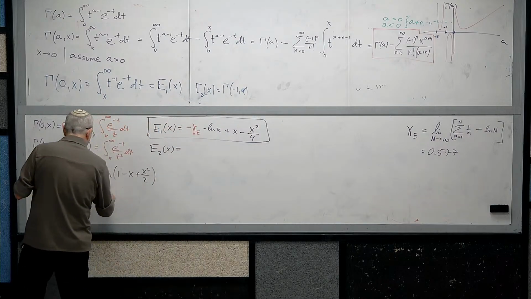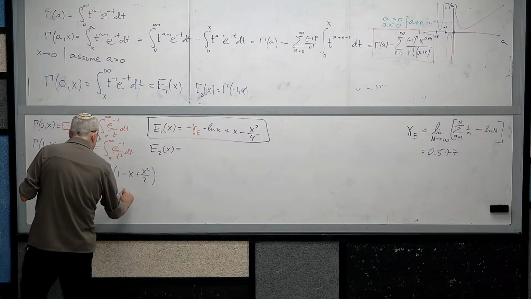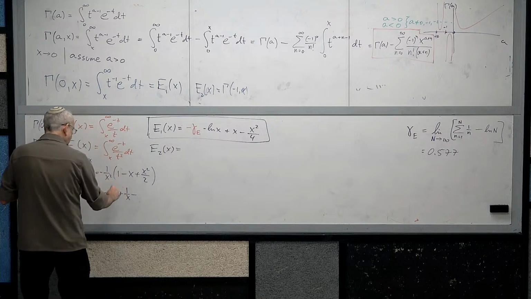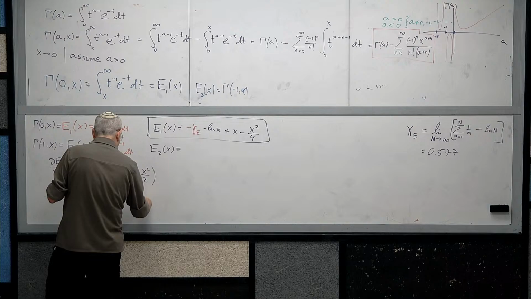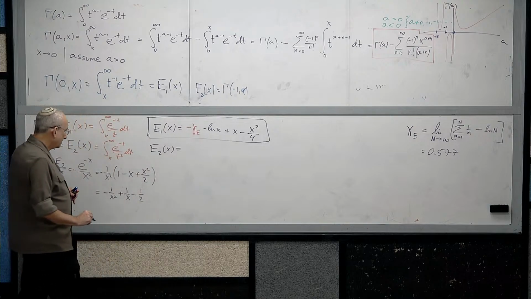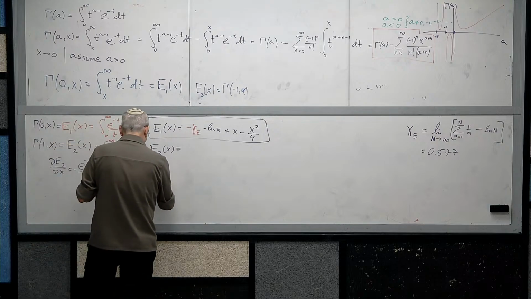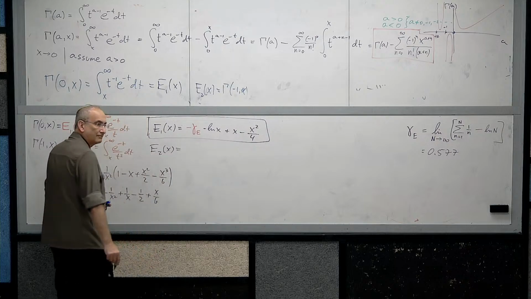So I have minus 1 over x squared plus 1 over x minus 1/2. Okay? Let's take another one. So we have minus x cubed over 6, so here we'll have plus x over 6.